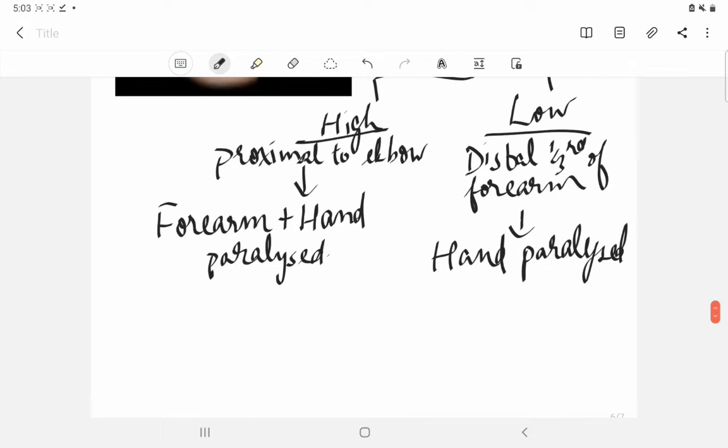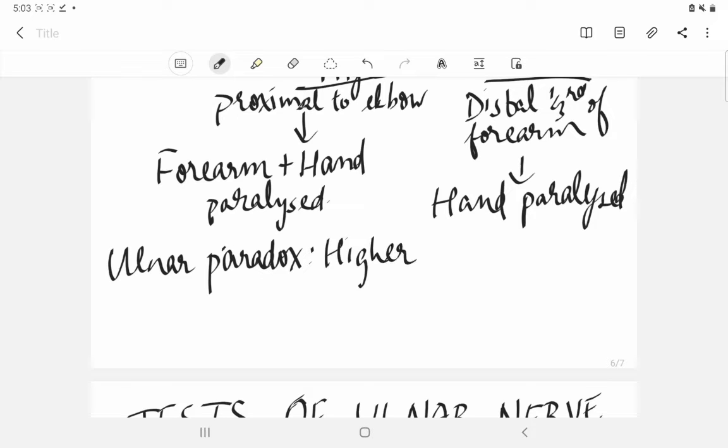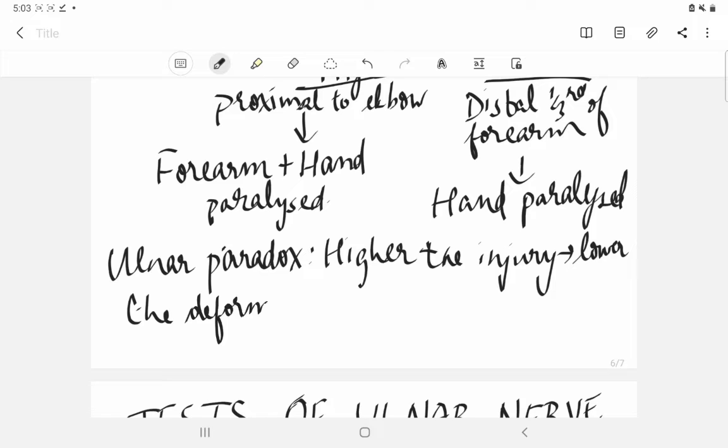And this concept is what leads us to the phenomenon of the ulnar paradox. In ulnar paradox, the higher the injury, the lower the deformity, and vice versa.